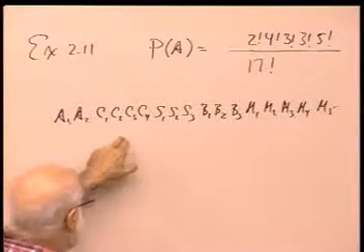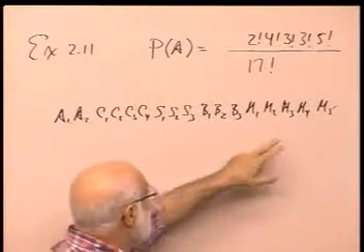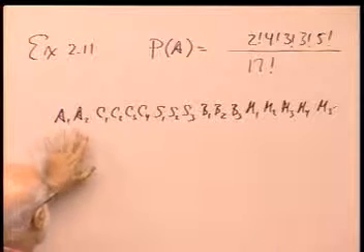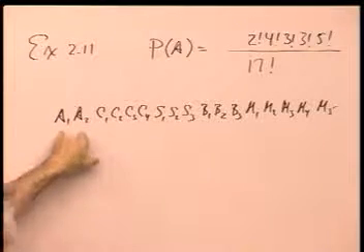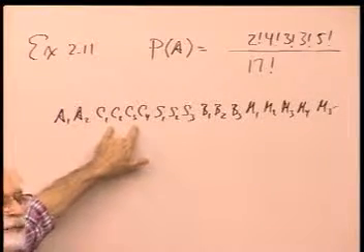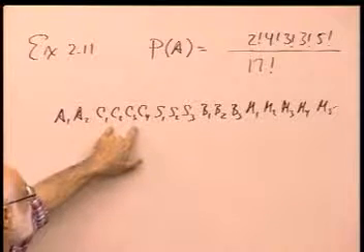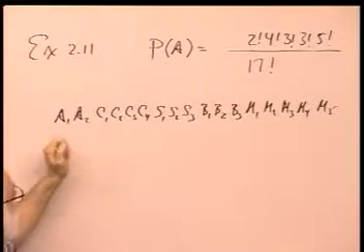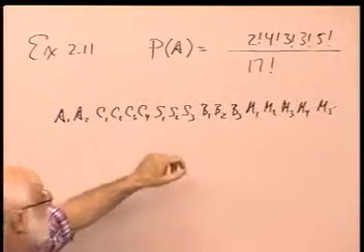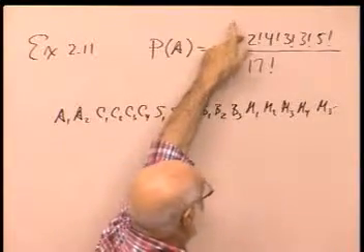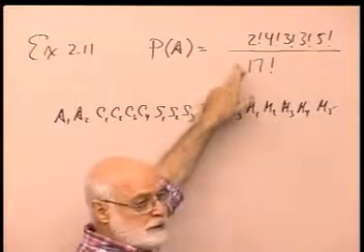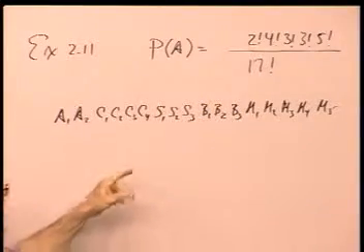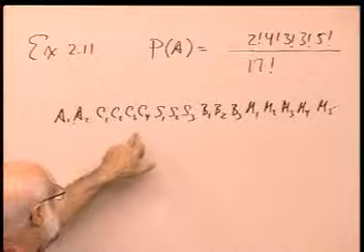Okay, so if I had A followed by C, then S, then B, then M, and I just looked at the number of ways I could mix up the anthropology books among themselves, the computer science books among themselves, and so forth, the probability of any particular arrangement of A, C, S, B, M would be given by that number, whatever that is, divided by that number. But I don't have to have anthropology and then computer science.